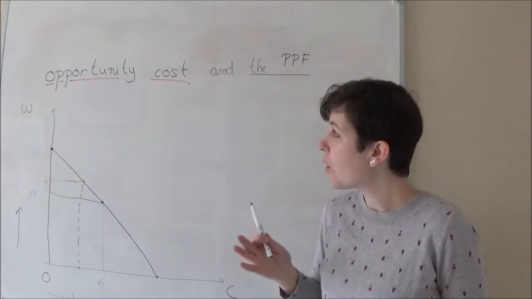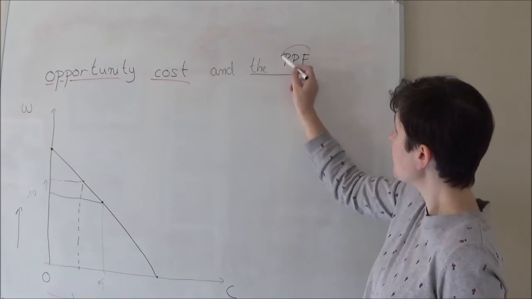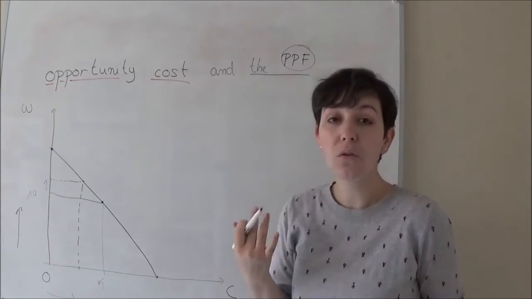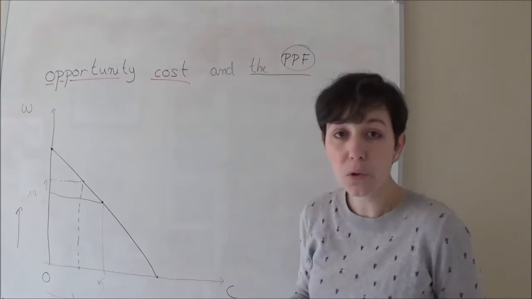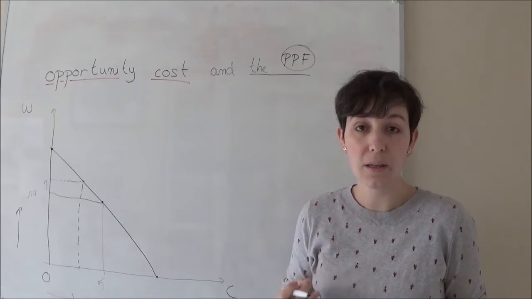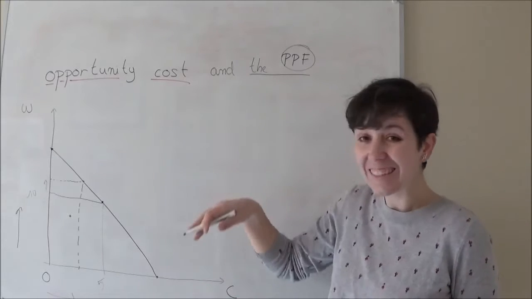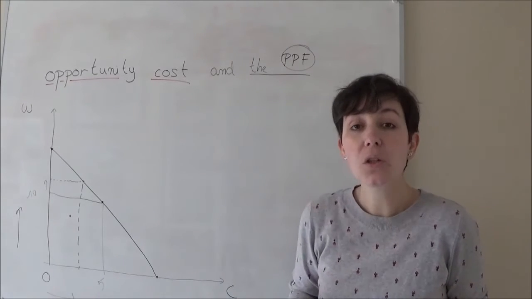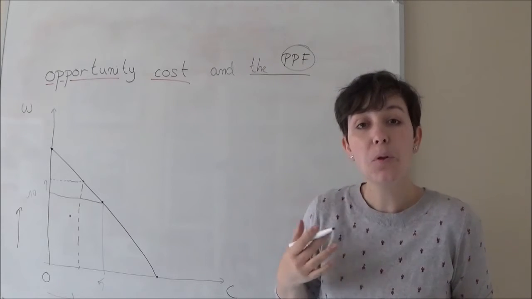Okay, so important things then. The PPF, production possibility frontier, gives me all the possible combinations of two goods when I'm using my resources, the whole labor that I have. Any point like this one which is inside the PPF is going to be inefficient. Why? Because that means I can produce more.